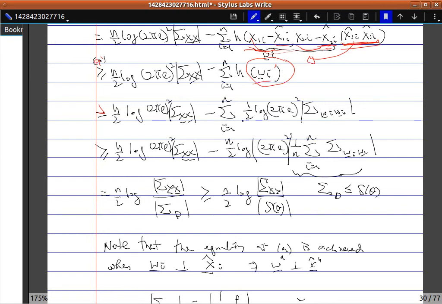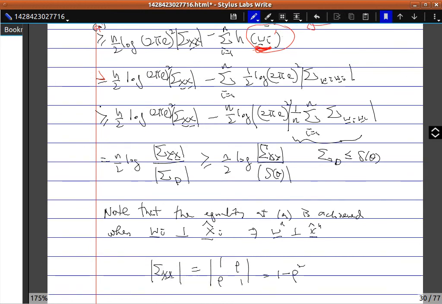If it is Gaussian, then for the same covariance of the error, the Gaussian will have the largest entropy. Therefore this will be the largest, so this will be bigger than this. So we have a bigger-than-or-equal sign this way.